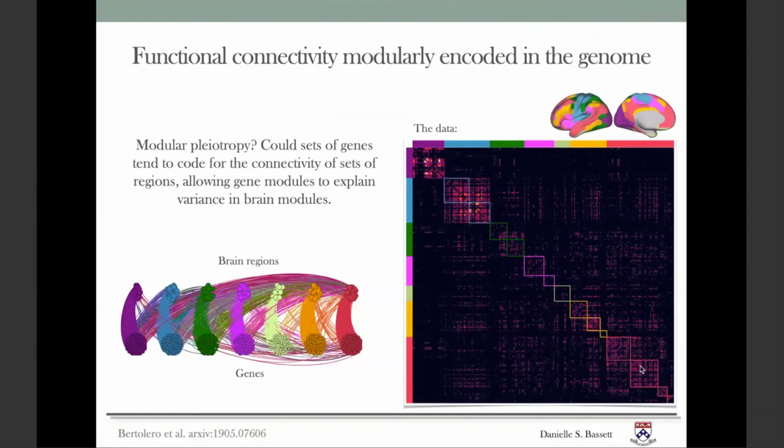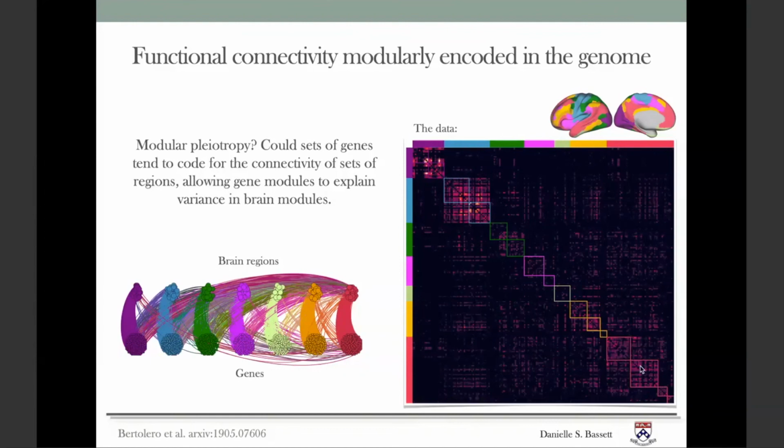The color code here and the color code of this bar is the modular structure of resting state bold, which is shown here on the surface. And what you're seeing in here is the patterns of gene co-expression that have now been just taken from the gene set that is most predictive of that module's connectivity. So you can see a really nice modular structure here, which recapitulates the modular structure of the resting state bold.